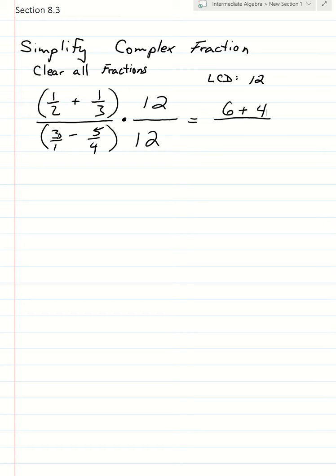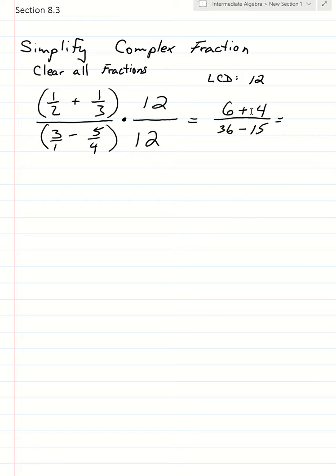Now I multiply the denominator also by 12. 3 times 12 is 36. Then there's the minus sign, just like we have here. And 5/4 times 12 would be 15.